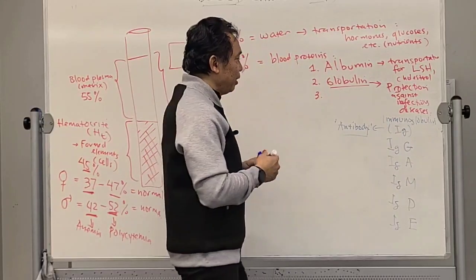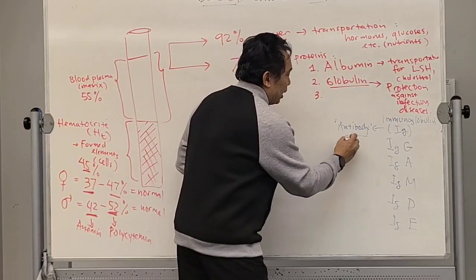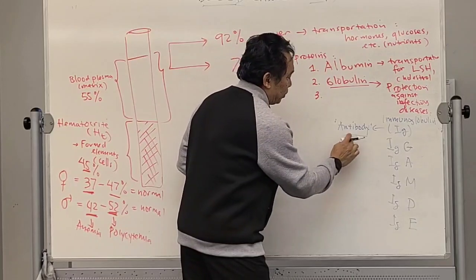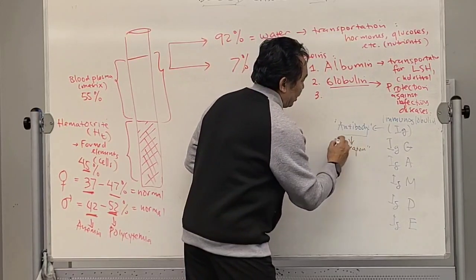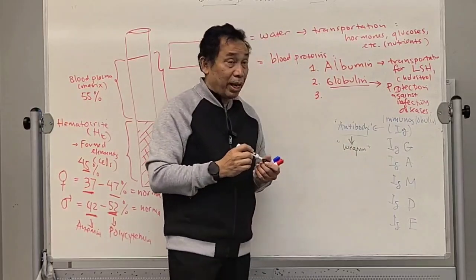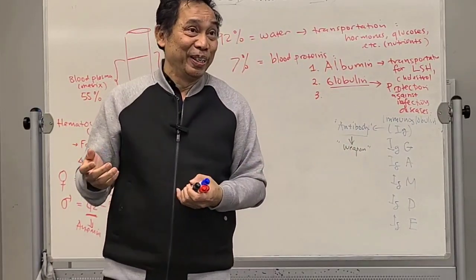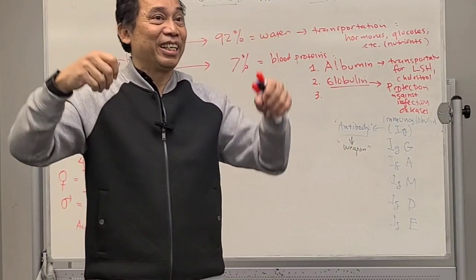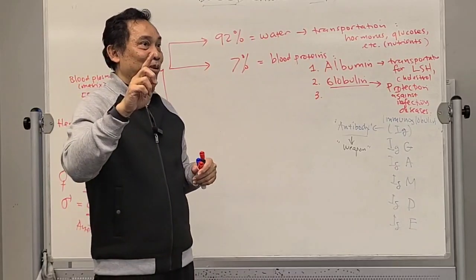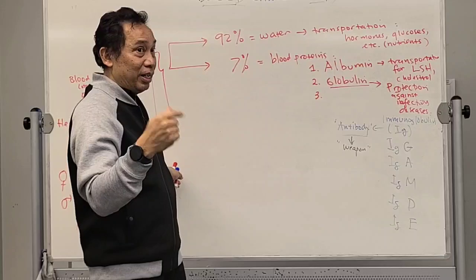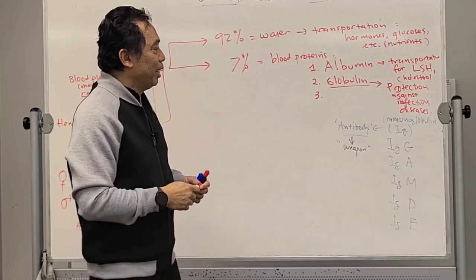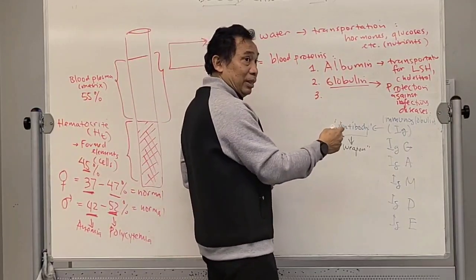Now, they have special functions. IgG or antibody is just like a weapon. We can say this is a weapon, like maybe a gun, that will fight against infection. We're going to see later the connection with the formed elements for the infectious disease also. So this is like a weapon.